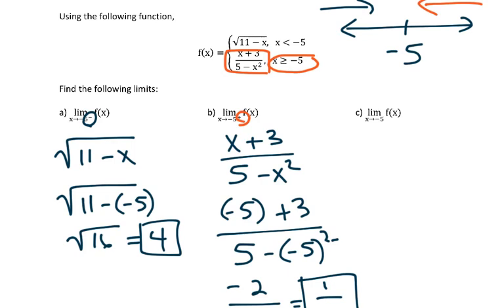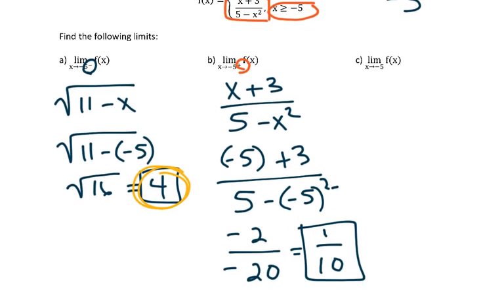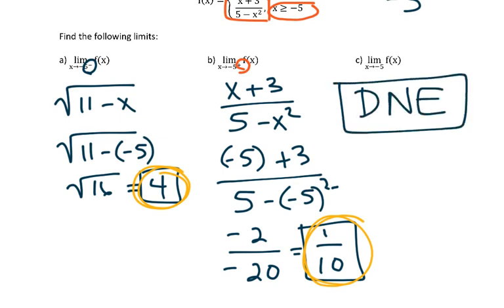In part A, we looked at what y value it's approaching from the left, and it's approaching 4. And in part B, we found that it's approaching a y value of 1/10 from the right side. Now because they are not equal to each other, and they have to be approaching the same y value for the limit to exist, we have to say that it does not exist for that overall limit there.